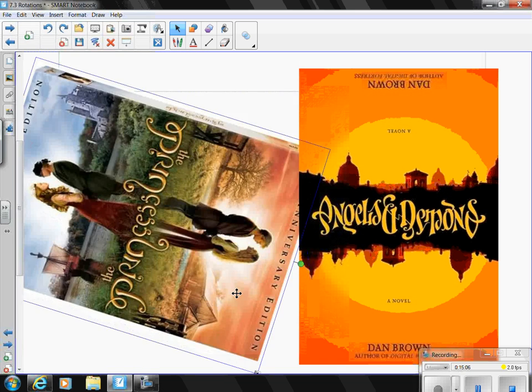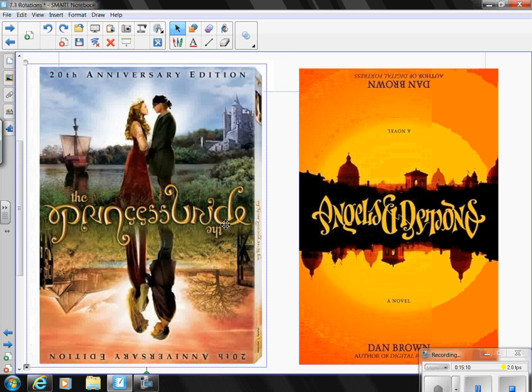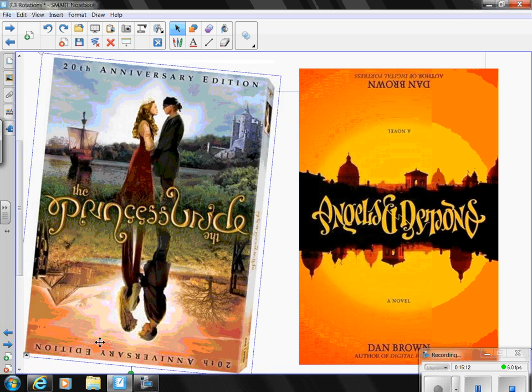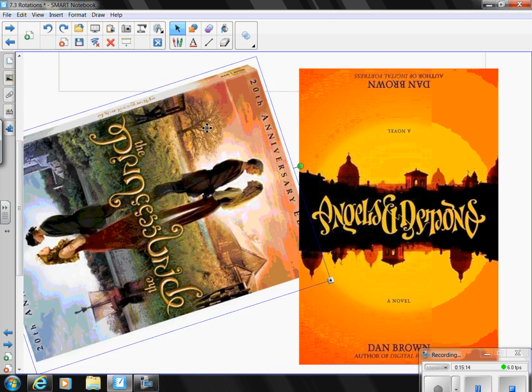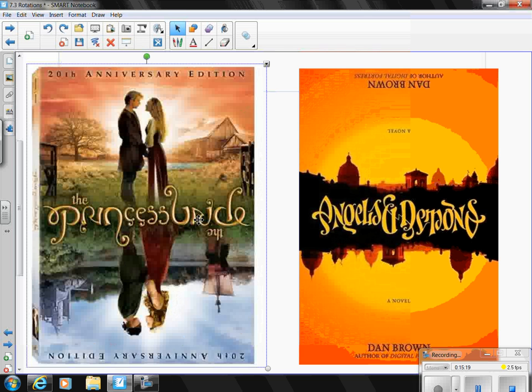But notice that you still can read The Princess Bride, and if you flip it upside down, it still says the same thing. So these words actually have rotational symmetry.